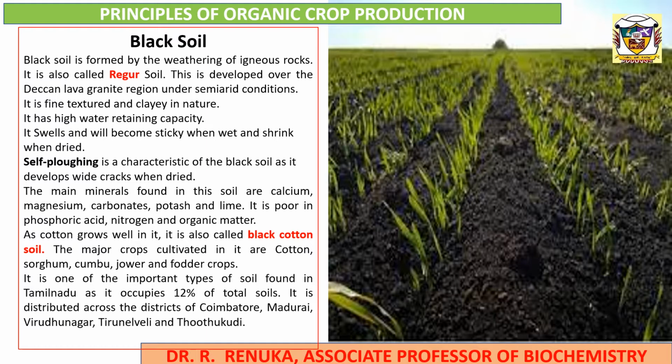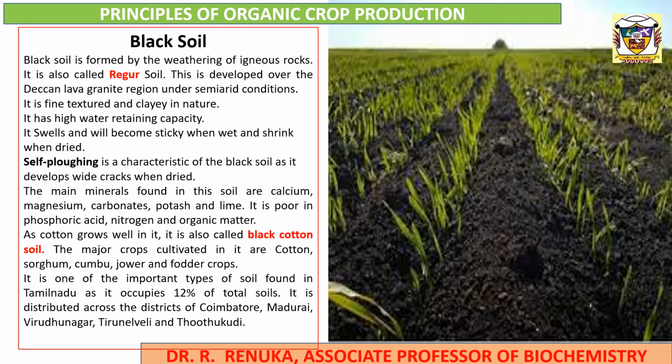Self-ploughing is a characteristic of black soil as it develops wide cracks when dried. The main minerals found in this soil are calcium, magnesium, carbonates, potash and lime. It is poor in phosphoric acid, nitrogen and organic matter. As cotton grows well in it, it is also called black cotton soil.